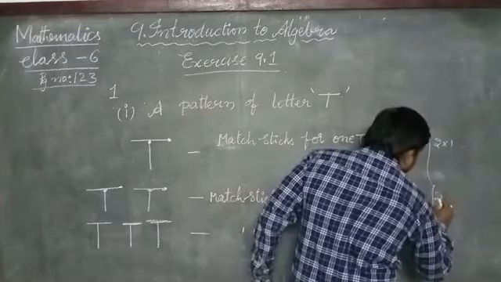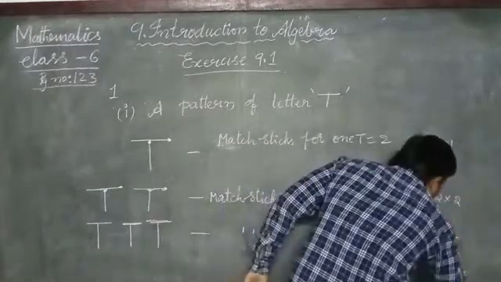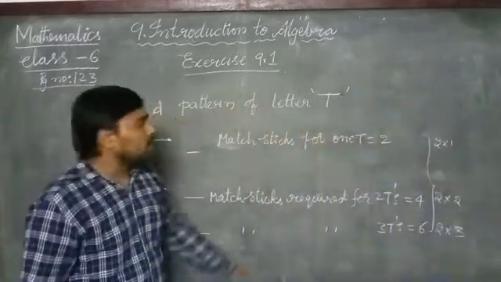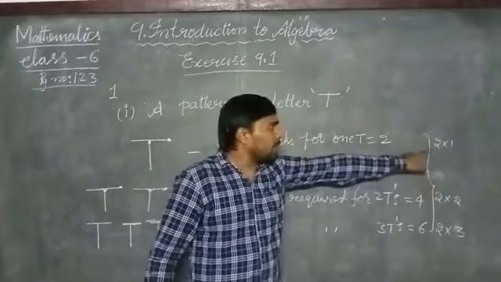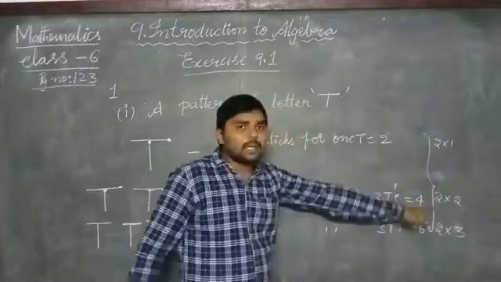It is written as 2 into 2 and it can be written as 2 into 3. Here 2 is the common digit for all and 1, 2, 3 that is varying.